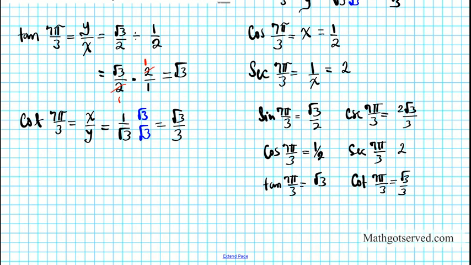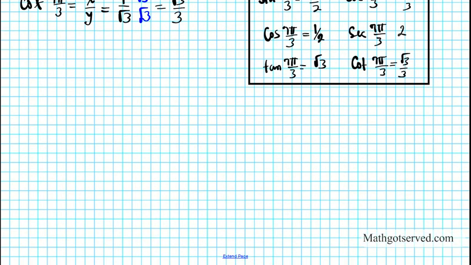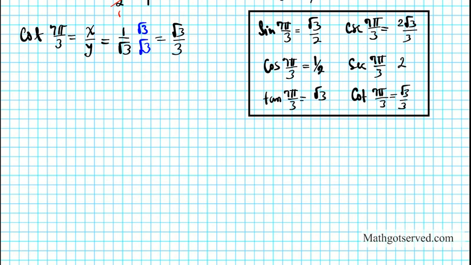Now we have all our answers nicely organized. Now let's see if they are correct. So this is our check. The first identity I'm going to use is the Pythagorean identity, sine squared theta plus cosine squared theta equals 1.